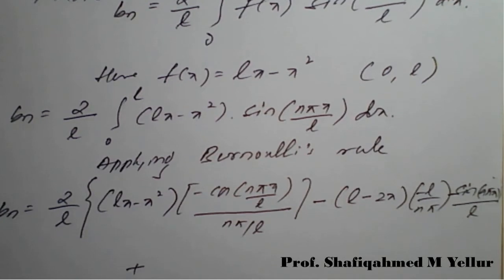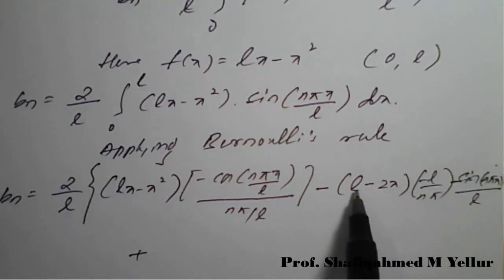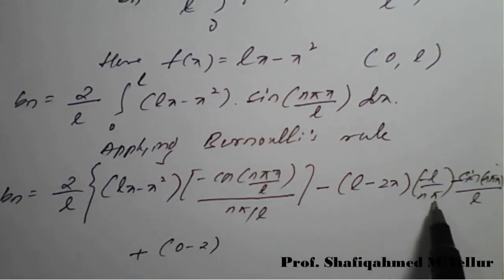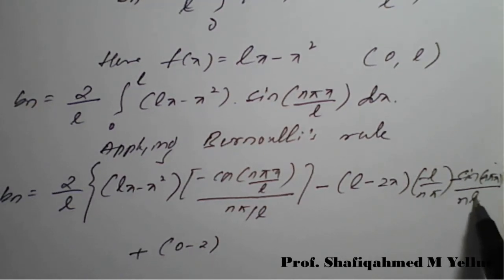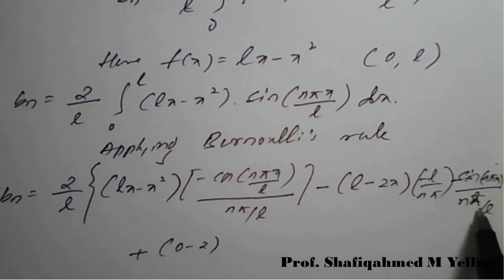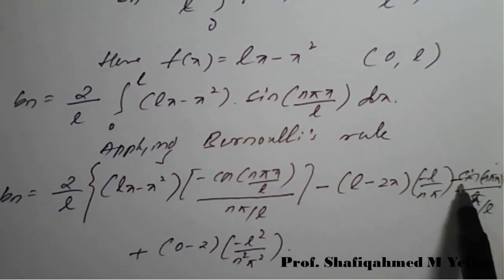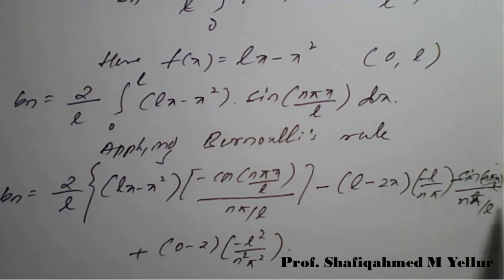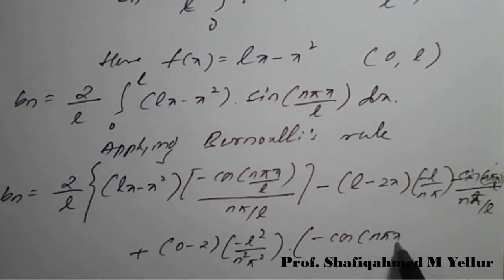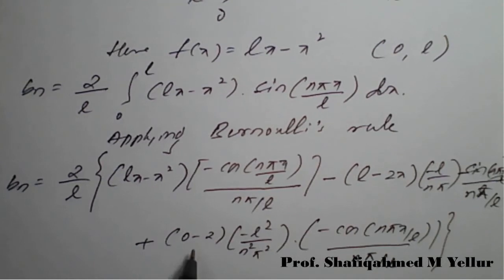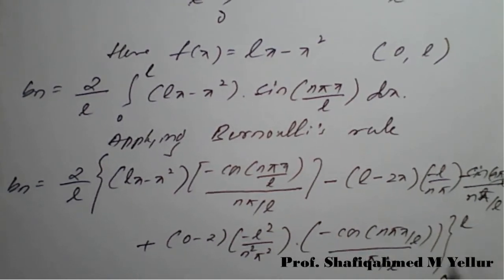Plus differentiation of L minus 2x is 0 minus 2, so minus L upon n pi, and here I also will get n pi upon L. So this n pi upon L will become out here minus L square upon n square pi square into integration of sine n pi x upon L will become out here, it is minus cos of n pi x upon L divided by n pi upon L. So next differentiation is 0, so we'll stop it and close with the limit 0 to L.